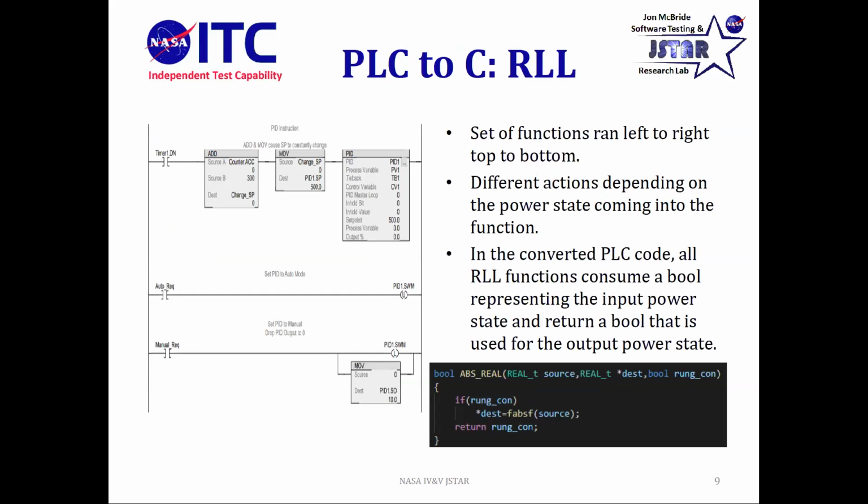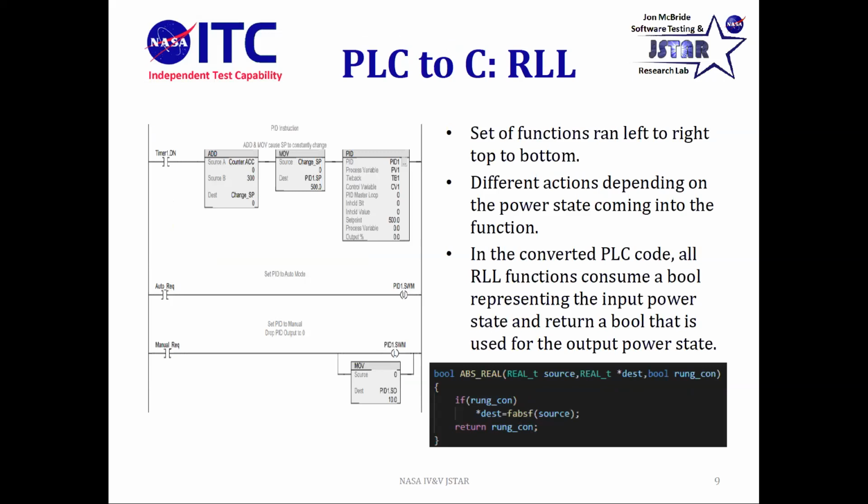So the first and probably most important language that we set out to tackle was RLL. It's a graphical-based language that was originally made to be similar to relay diagrams to help ease electrical engineers into the coding world with something they were familiar with.